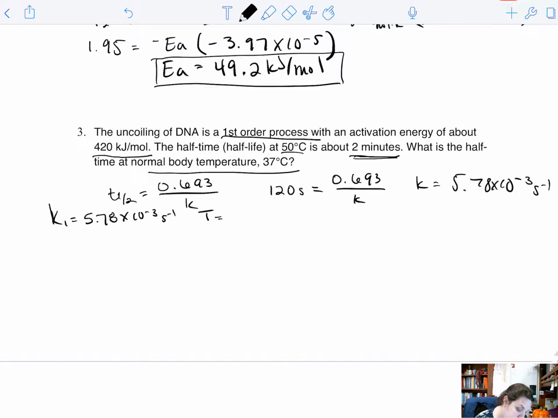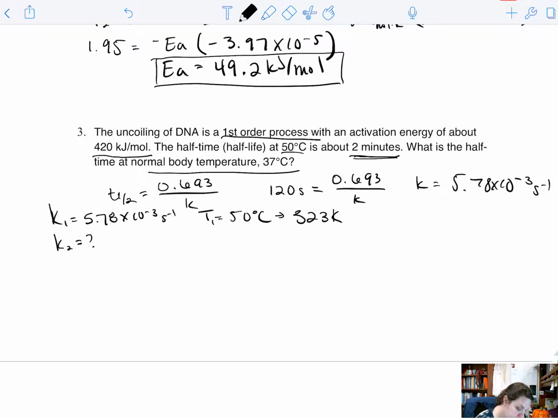And that has a T equal to 50 degrees C, which is 323 Kelvin.